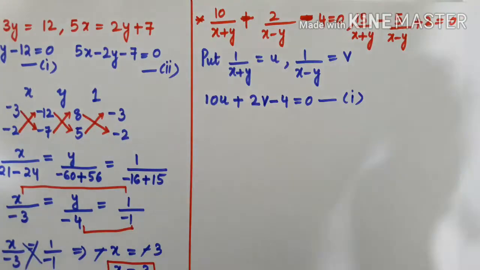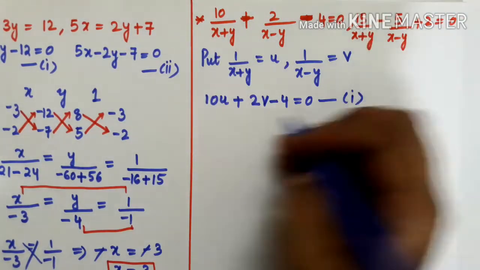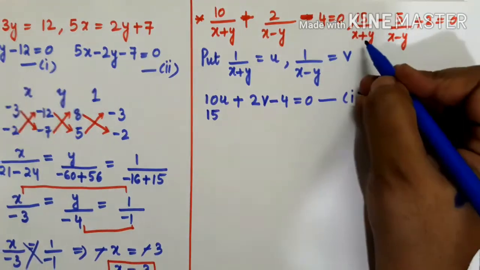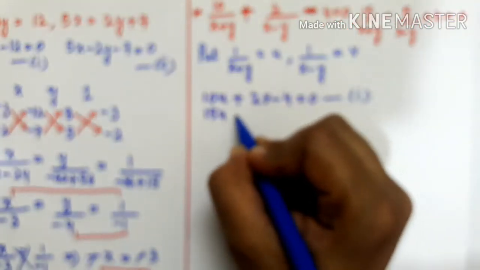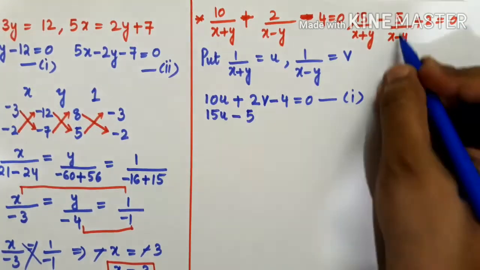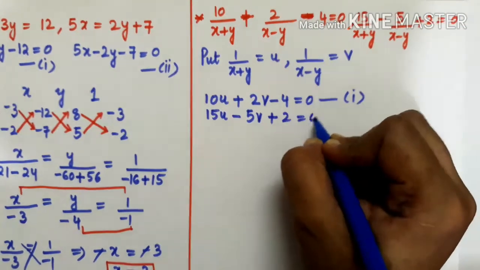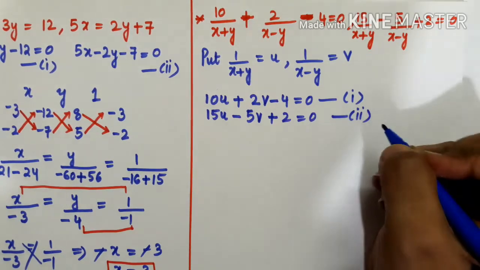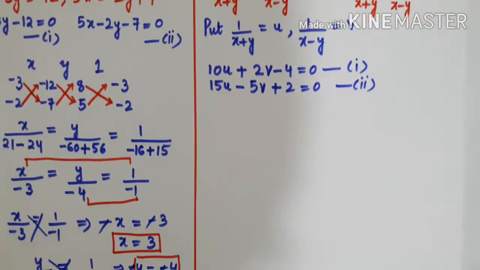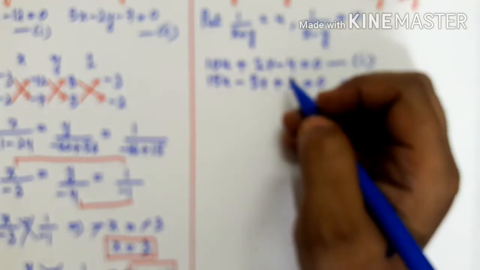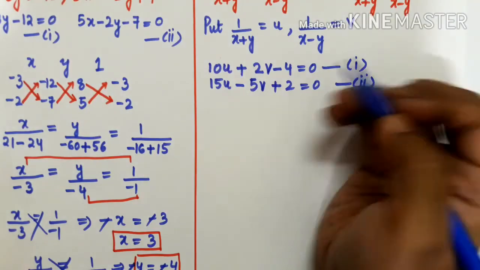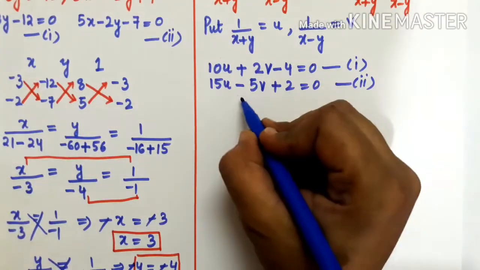Okay, now the second equation will be 15, 1 by x plus y will be u, then minus 5, 1 by x minus y will be v, then plus 2 equals 0. So this is your equation 2. Now after this you need to solve. Okay, so by cross multiplication, what do you have?